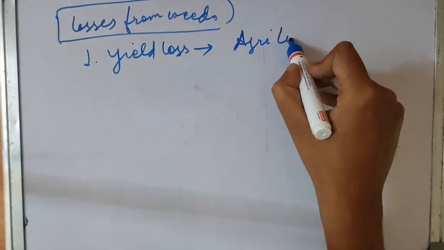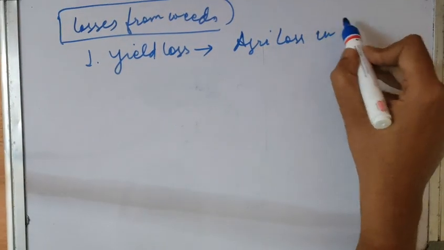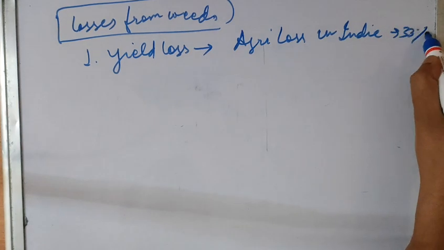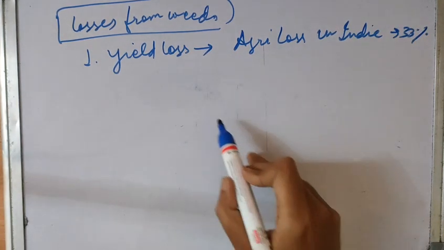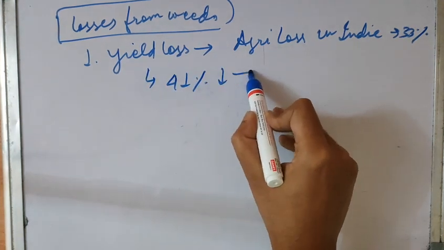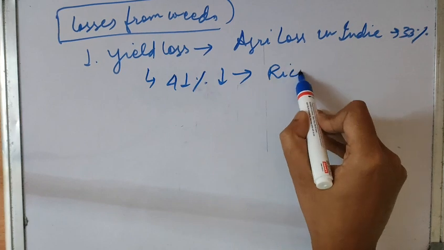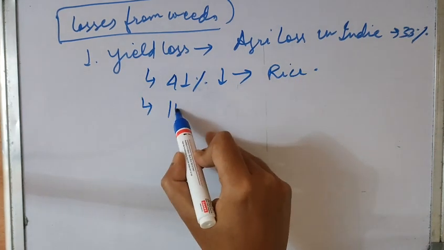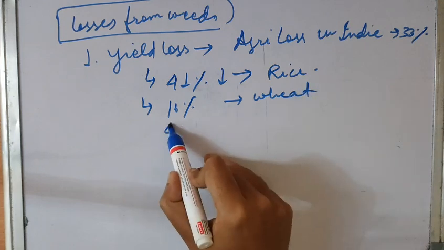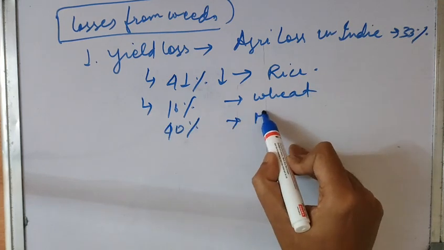Agriculture loss in India due to presence of weed is 33%. It leads to 41% yield reduction in rice, 16% in wheat, and 40% reduction in maize.